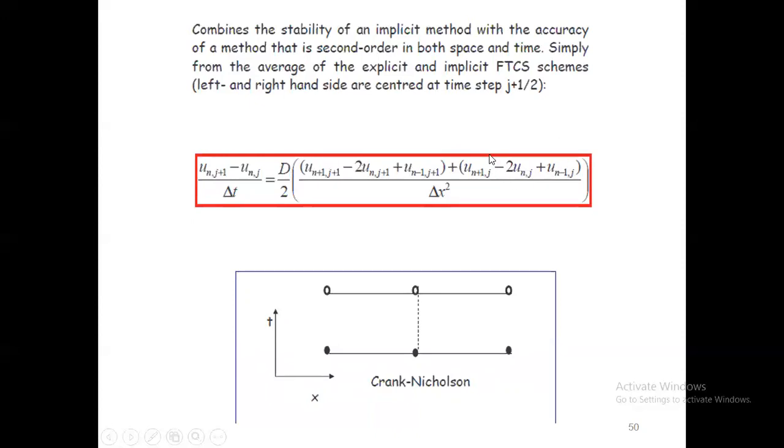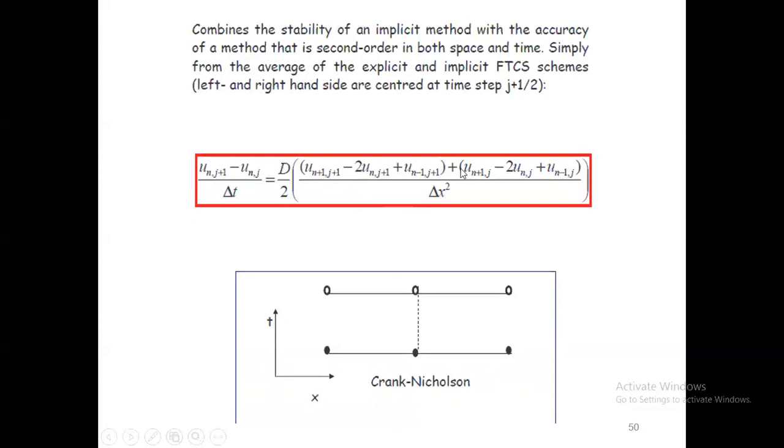Now, if I say that take the average of j and j plus 1th time step, finite difference scheme for space. Actually, I am talking about something in the middle of j plus 1 and j. So that is actually j plus half time step, right? So this is why, that is why we call it j plus half time step.